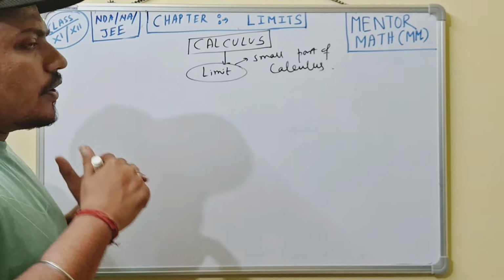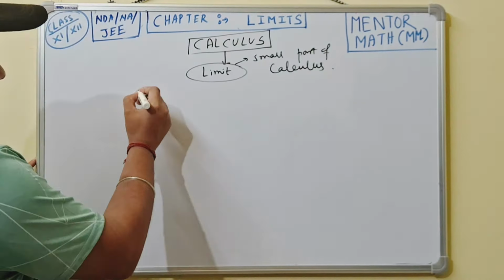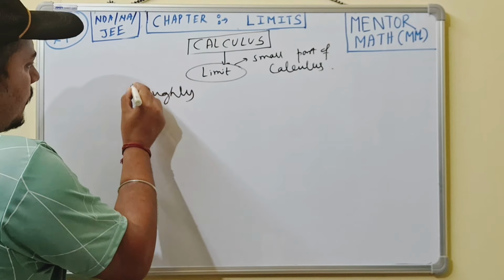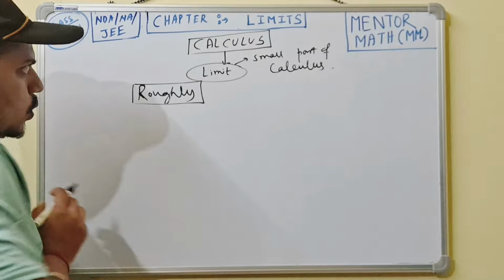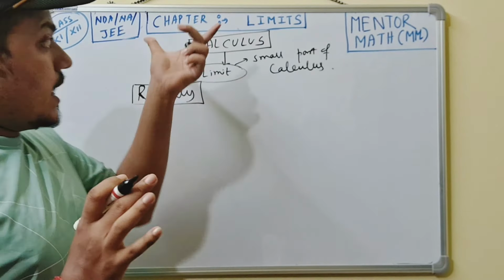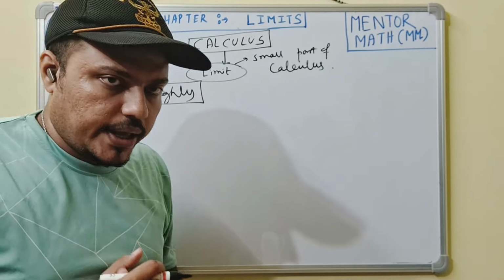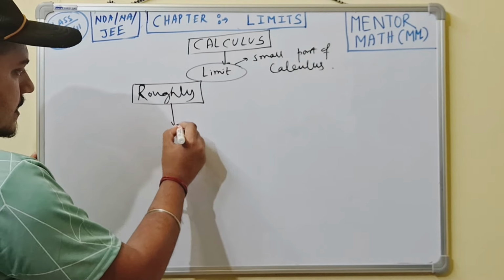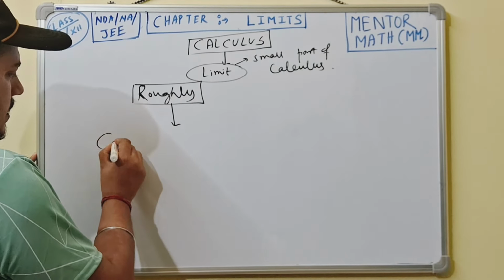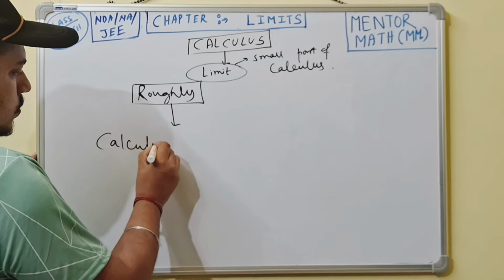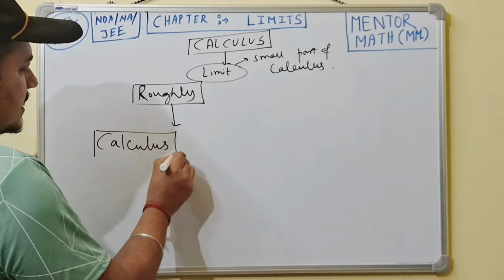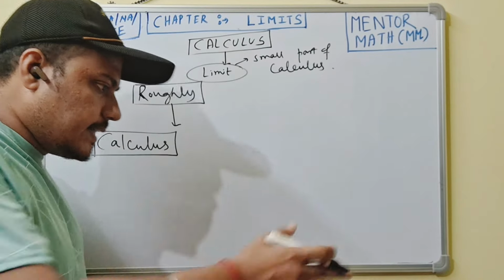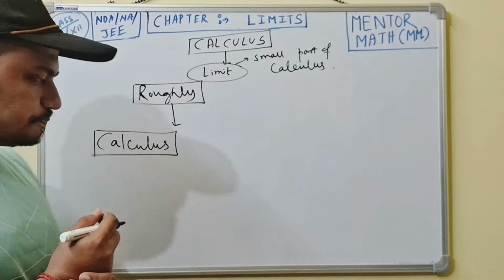Now you can understand it roughly. Look at this calculus. Let us take calculus as a room, and you have to enter that room, but the room is locked.